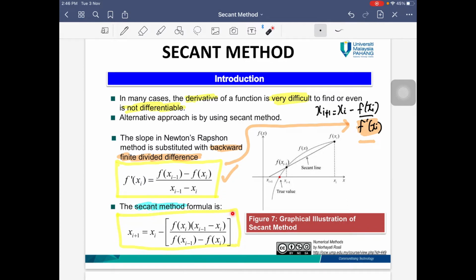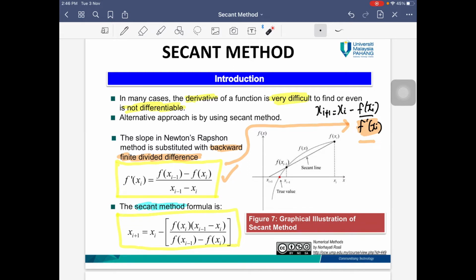It looks similar to the false position method, but there is a little bit of difference. In false position you must choose starting values that bracket your root. However, in secant methods you require two initial guesses, but they do not necessarily bracket your root. This is the idea of how we improve the estimation by using secant methods.